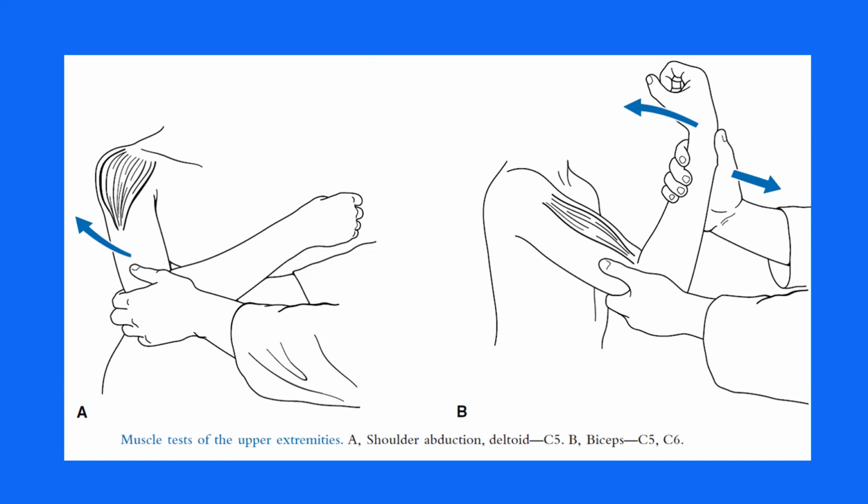For instance, in the slide in A, you see that the patient is being examined for abduction of the shoulder, which is performed by the deltoid muscle. In B, you are examining for the biceps muscle, and this is how you should examine them.